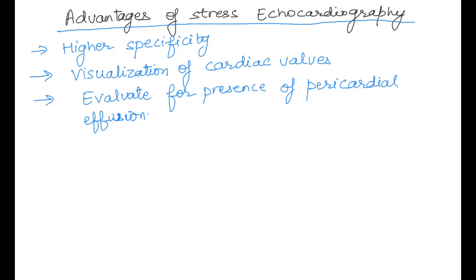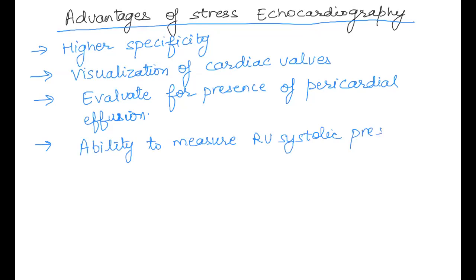Next is ability to measure RV systolic pressure, lower cost, and most important is there is no radiation exposure. Lack of radiation exposure.